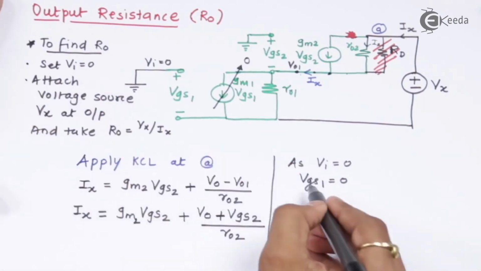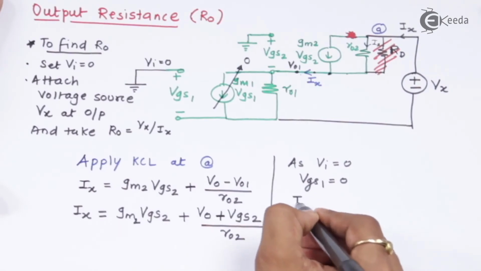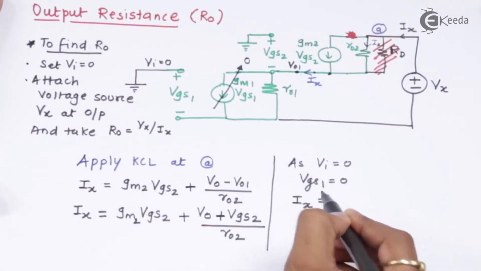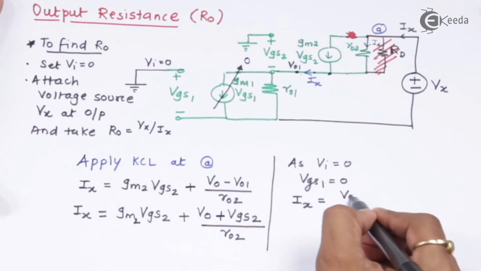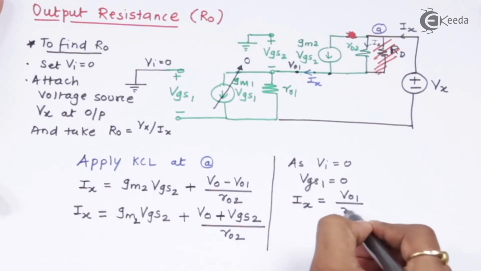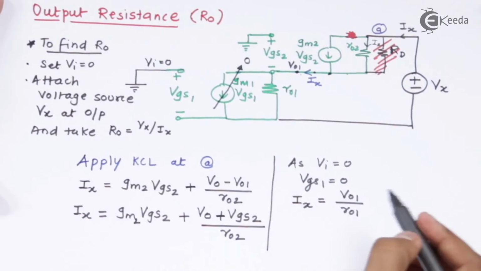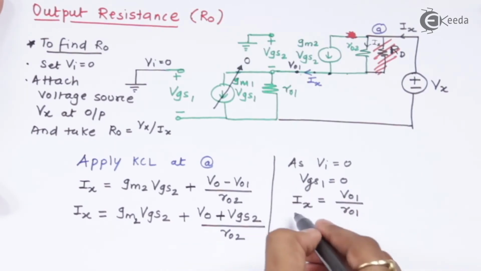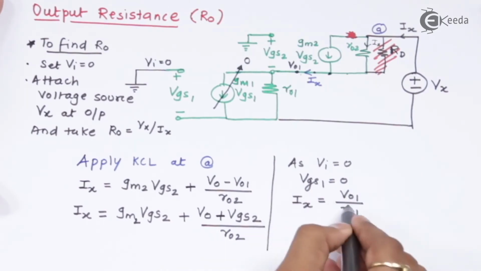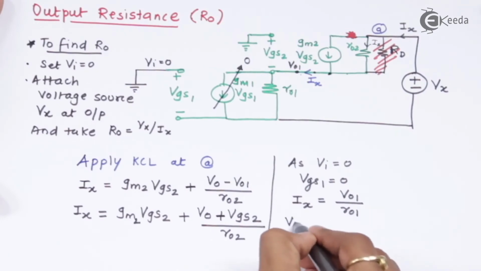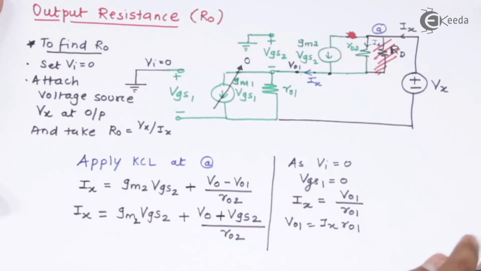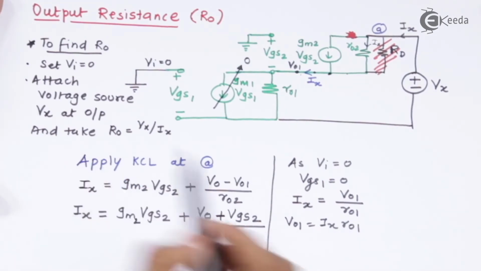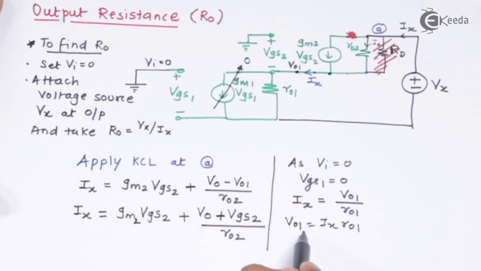I can say that Ix is equal to Vo1 divided by ro1. Rather, in another case, Vo1 is equal to Ix into ro1.